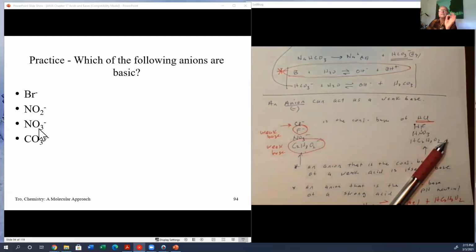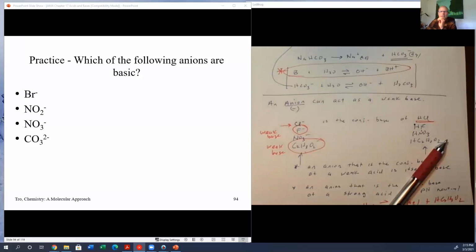It's the conjugate base of HNO3. HNO3 is a strong acid, so NO3 minus is neutral. What about CO3 2 minus? Weak base. It's the conjugate base of HCO3 minus, which is the conjugate base itself of H2CO3. H2CO3 is a weak acid, so both of those ions are weakly basic.